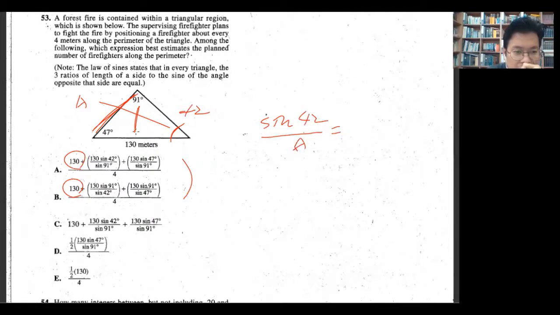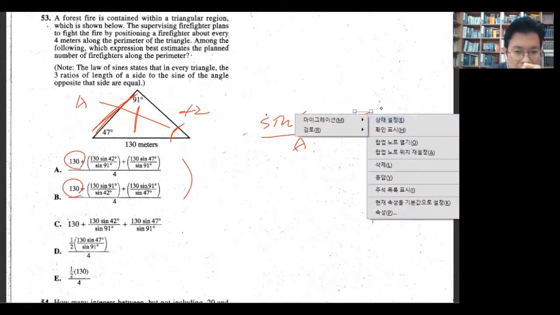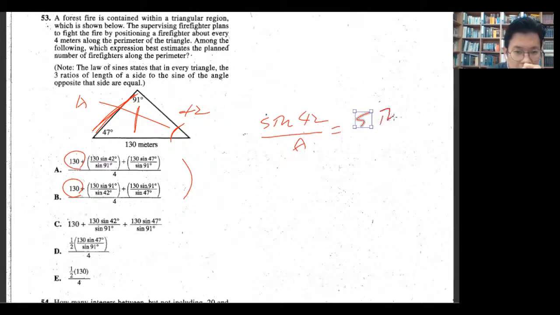And then get this one. We're going to use the law of sines. So this 2 and this 2. But then this one has to be, if you add it up, 42. So sine 42 over A equals sine 90 over 130.